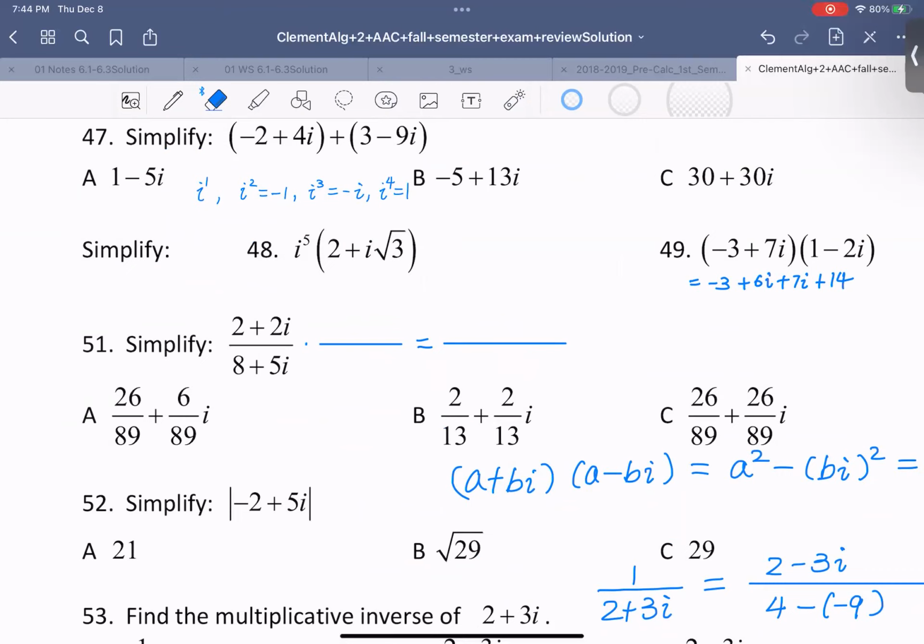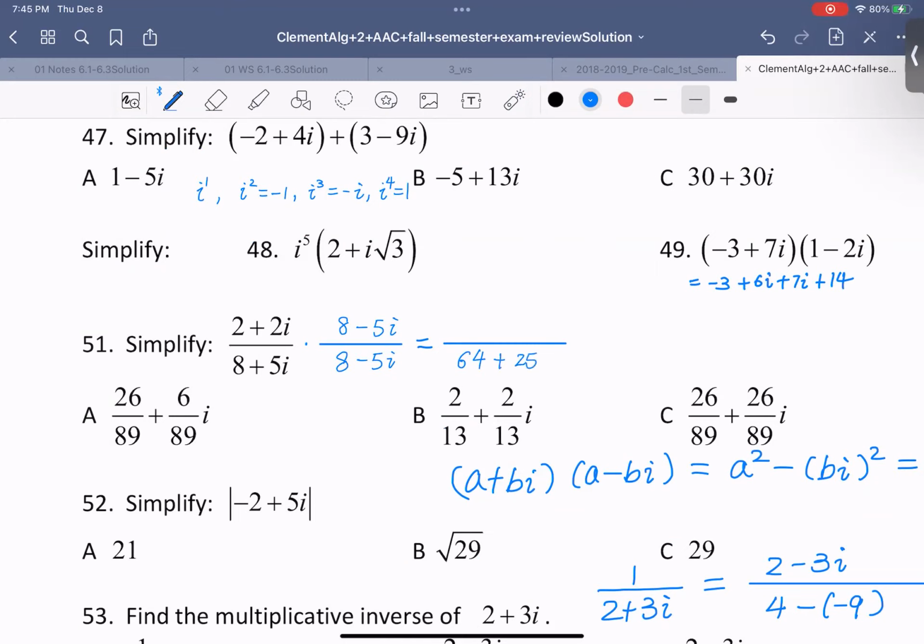Cindy, let's try 51, please. You want 2 times who? 8 minus 5i. The bottom becomes? Becomes 64 minus, or 64 minus 25i squared, which is plus 25.